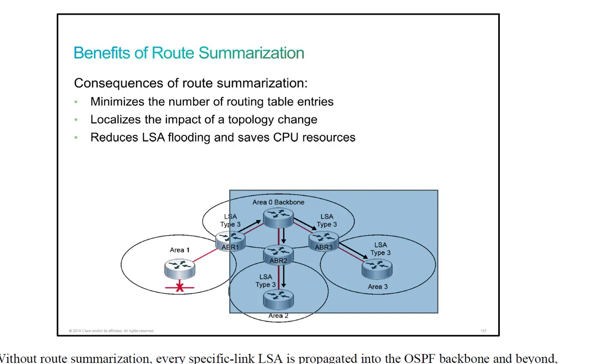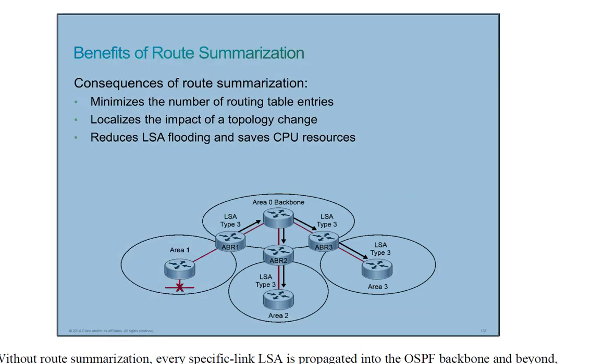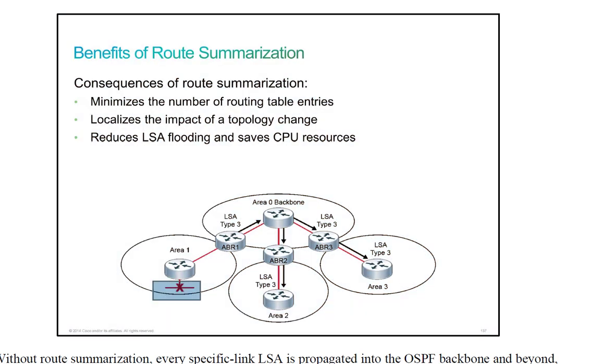The lowest metric of all the routes that are included in the summary. So it is possible that if that particular metric changes, like for example, the route that went down just happened to be the route that had the lowest metric, then yes, the summary would change. That would cause a recalculation in the rest of the network.